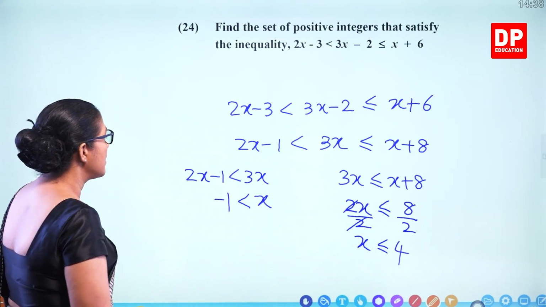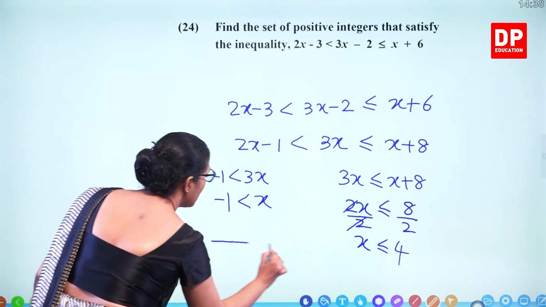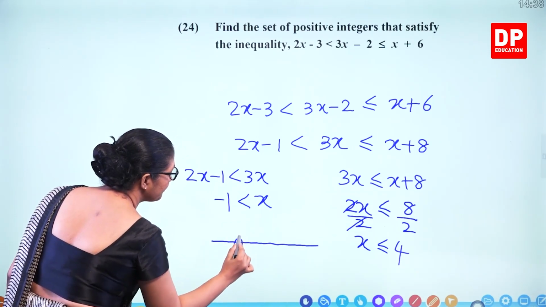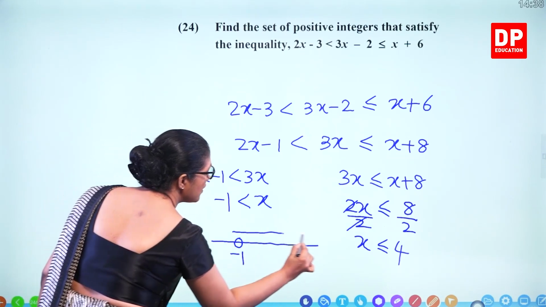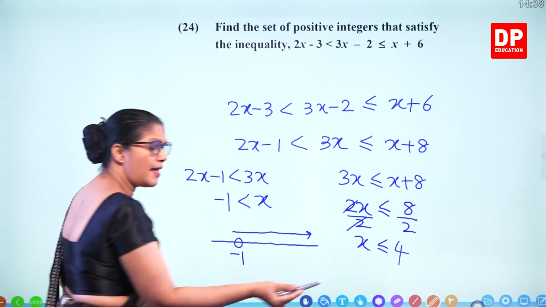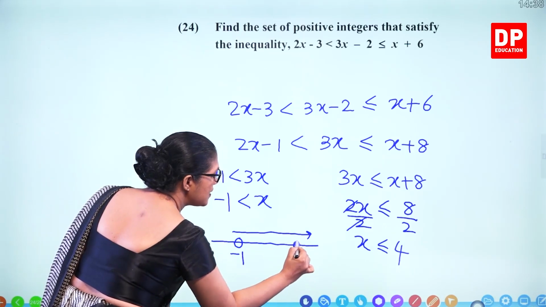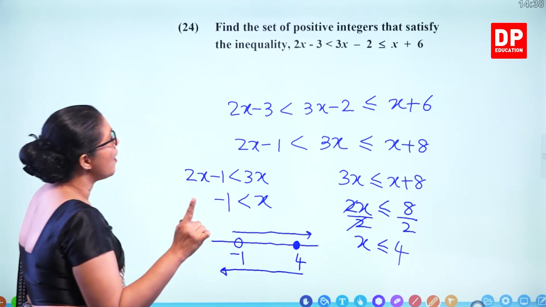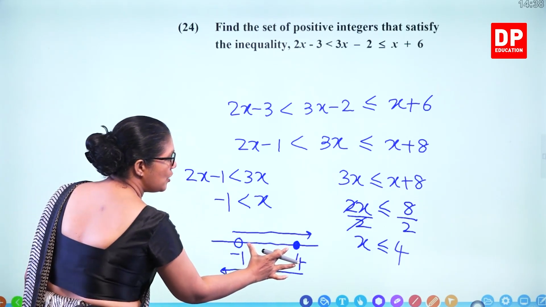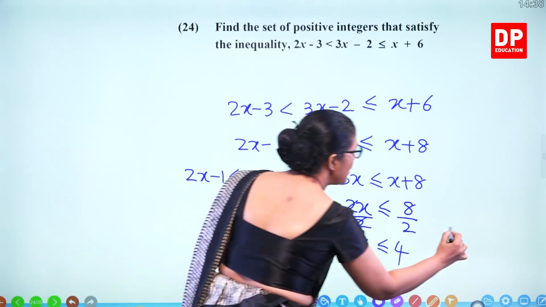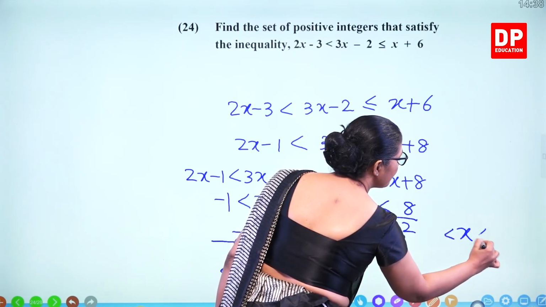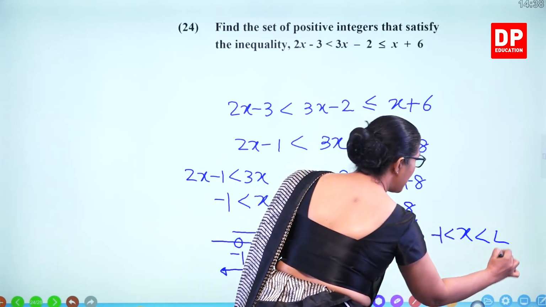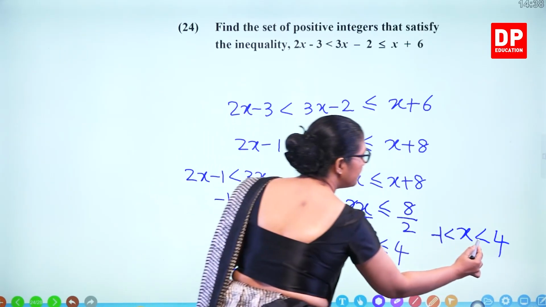So you get x greater than minus 1, minus 1 is not included, so this side. X less than or equal to 4. That means if this is 4, this way. So what's the common region? In between. So x is in between minus 1 and 4, but 4 is included.